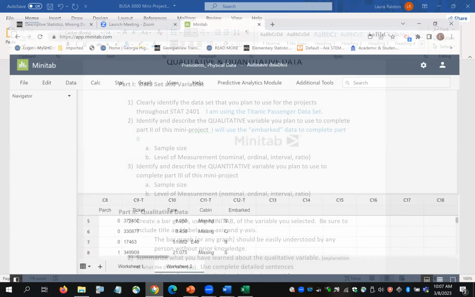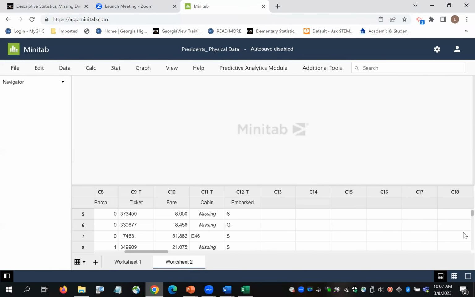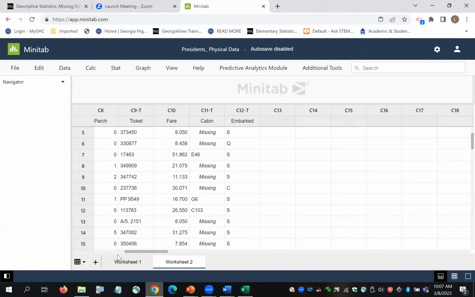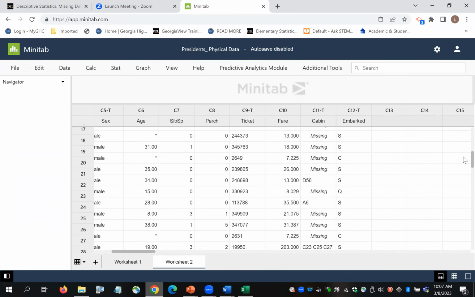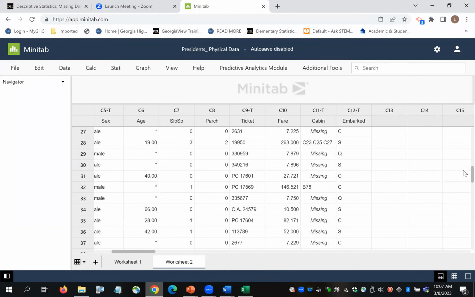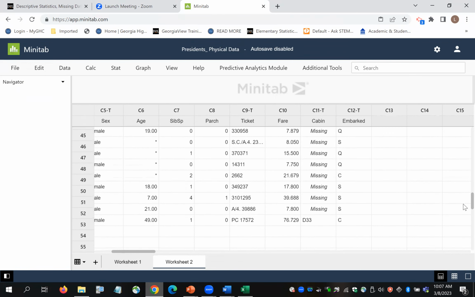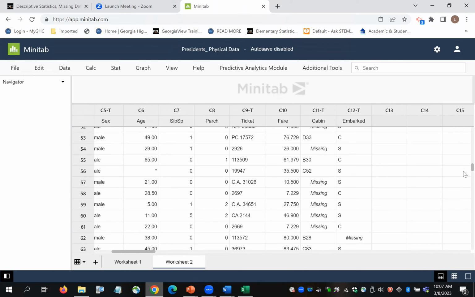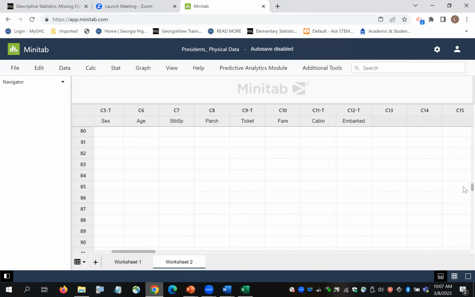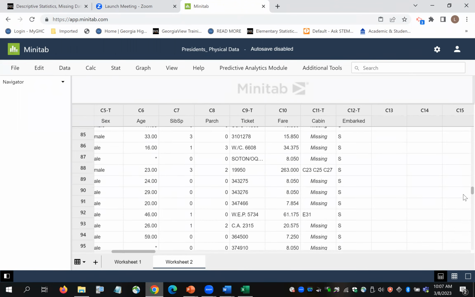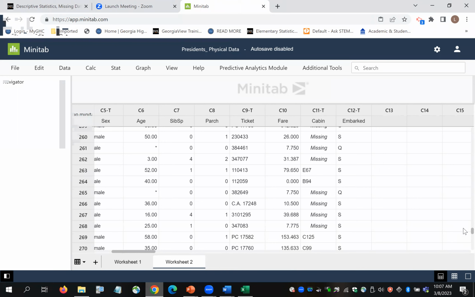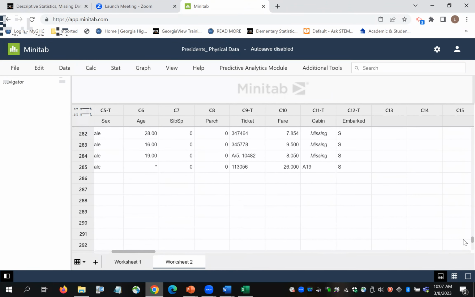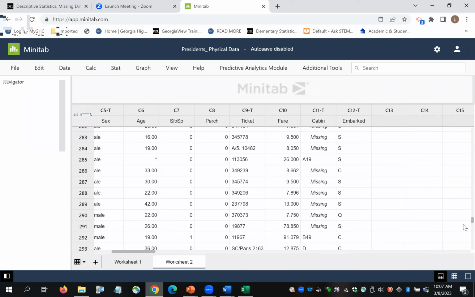I haven't shown you how to get the sample size yet, but one option is to look at this spreadsheet, where the rows are numbered. If I scroll to the end of the document, and it keeps populating, I keep scrolling to the end. When I get to the last row, it's going to tell me that. Now, there may be some missing.